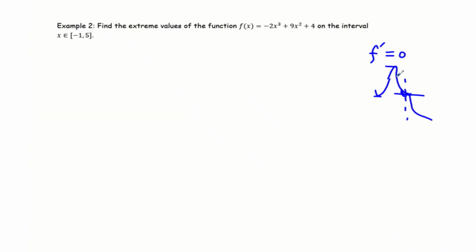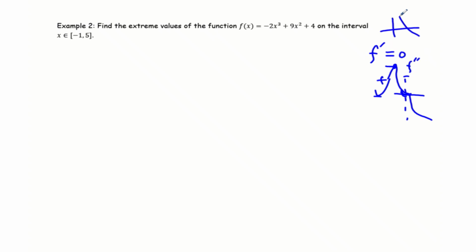In order to know its minimum or maximum, we also need to see if f prime changes sign or not. This slope is positive, this slope is negative. When you change the sign, then here's the local maximum or minimum. So f prime equals 0, and f double prime.